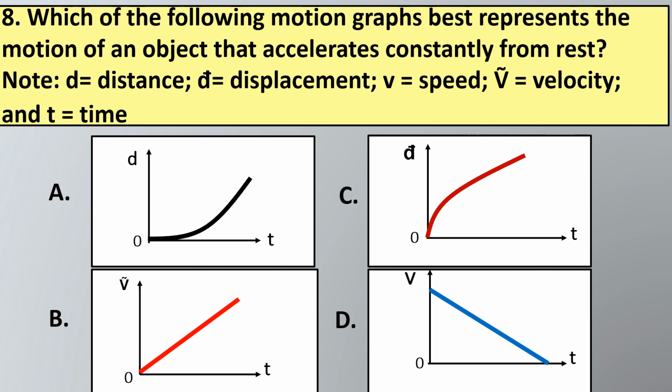A decelerating body because the magnitude, or we call it the speed, is decreasing, which corresponds to the word decelerating. And finally, we go to letter B, or graph B, which shows a velocity time graph.